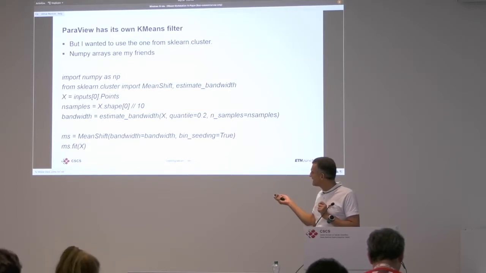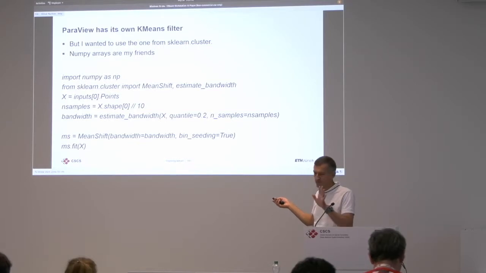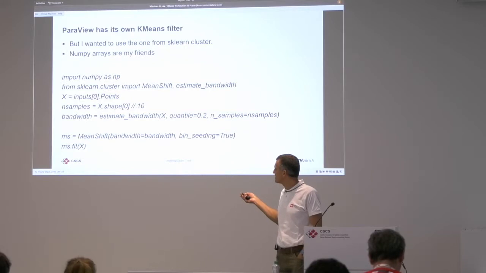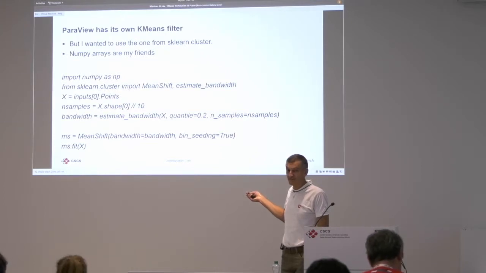There is, again, my input definition here. So this is the predefined name in the Python programmable source and filters. And the points array, we've already discussed that. Since it's a Python array, it has a particular shape, and shape of 0 is of course the size, the number of points available.